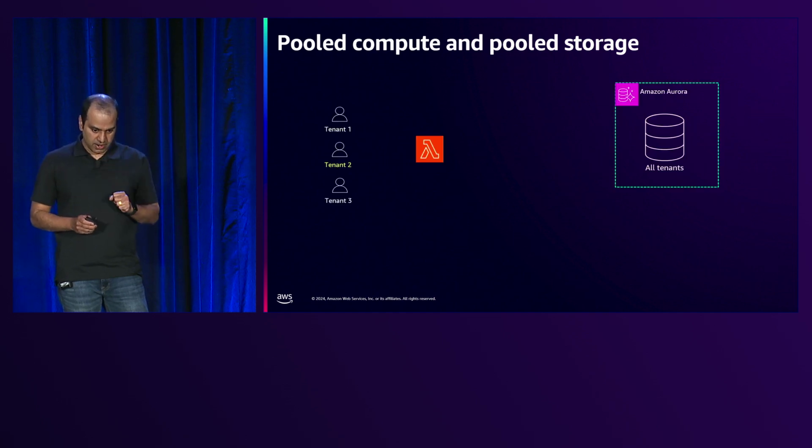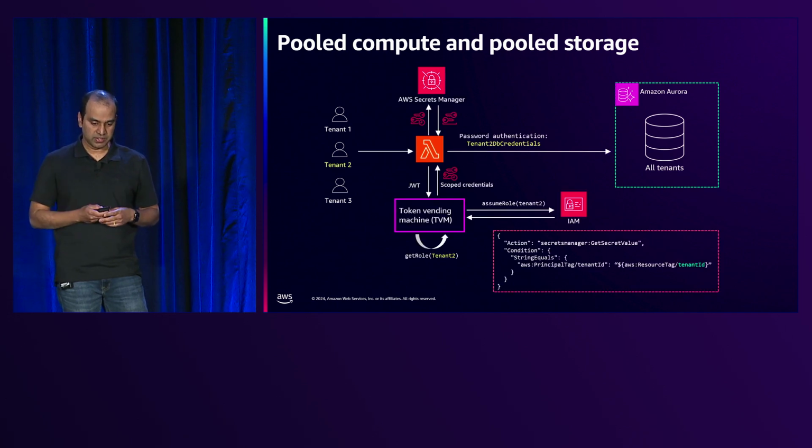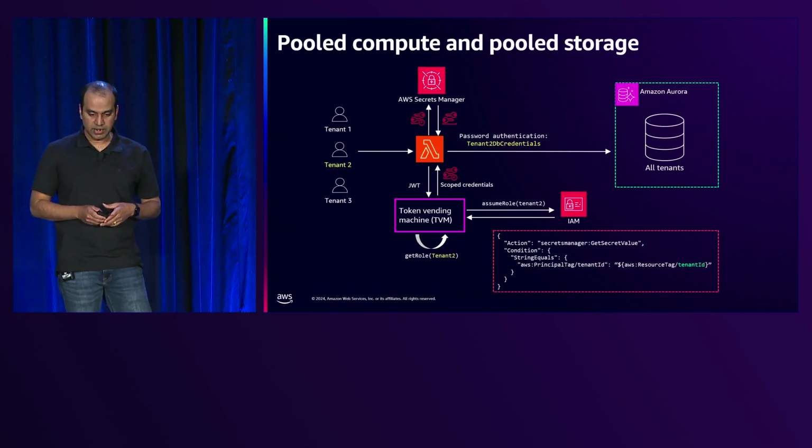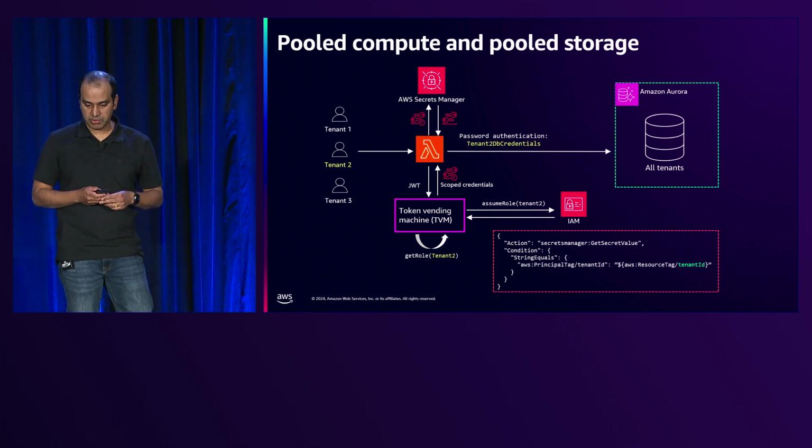Now, in this model, what is different? We have a single database for every single tenant in the system, right? So how does this change things? We can still go through that whole token vending machine process and retrieve scoped credentials for every single tenant, using which the Lambda function would access the database.